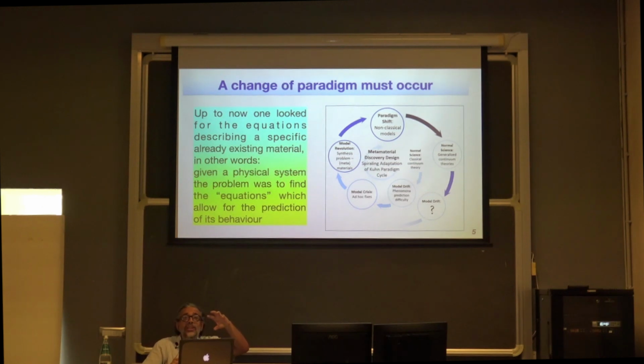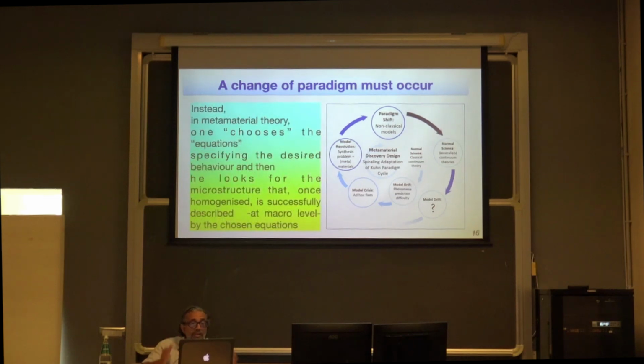Then we change viewpoint. Instead of looking for the equation describing a specific already existing material, so instead of choosing a physical system and looking for the equations which allow for the prediction of its behavior, what do we do?